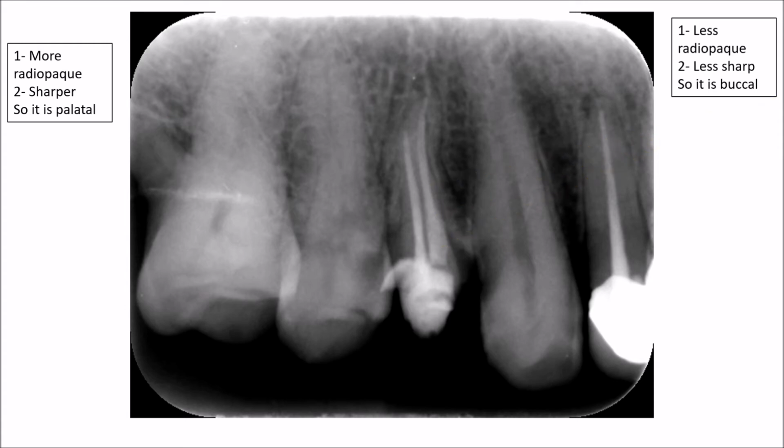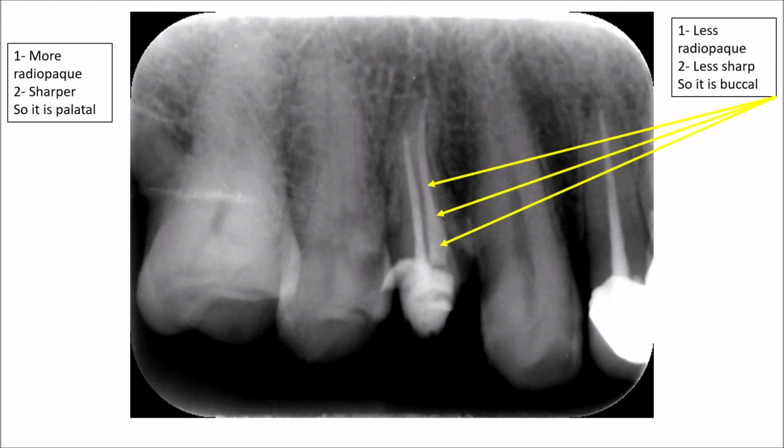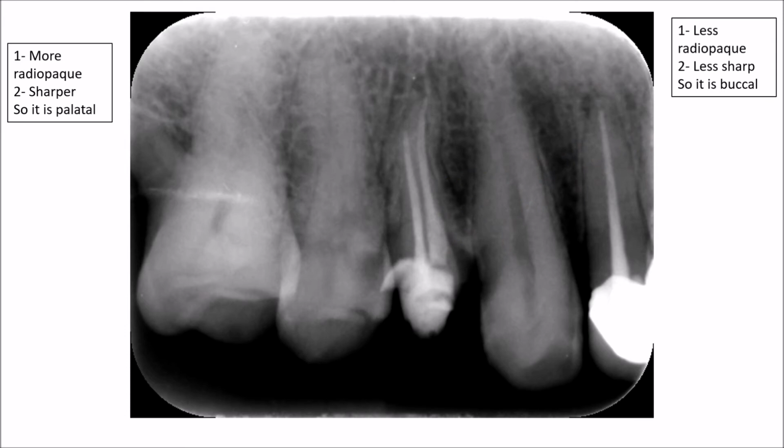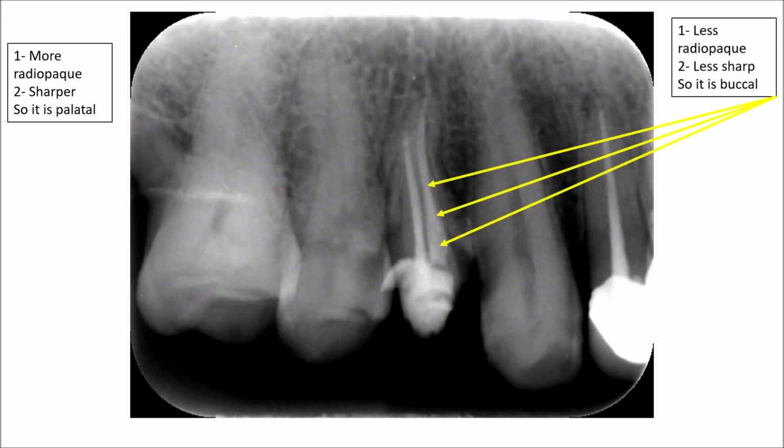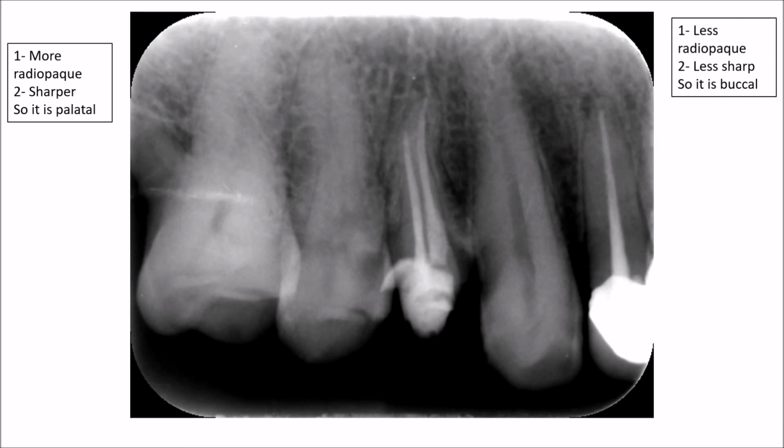So, say we're talking about the root of a tooth, then if the radiopacity is the same as that of the tooth, then it is located in the same position. But if it is sharper, it means it is closer to the film. If it is less sharp than the image of the reference object, then it is away from the film.